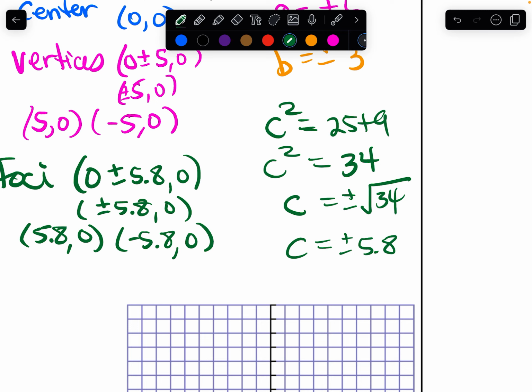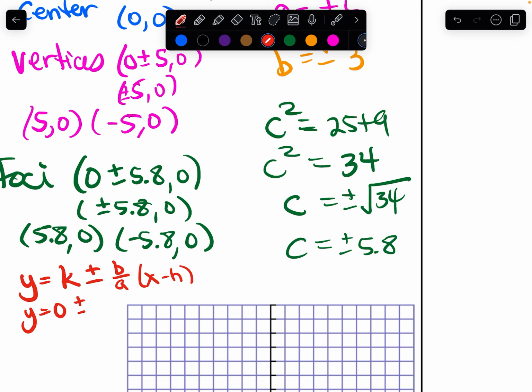Now, the last part of this is the asymptote. So y equals, it's going to be k plus or minus, and by the way, this is the slope, b over a times x minus h. So the k value was 0.